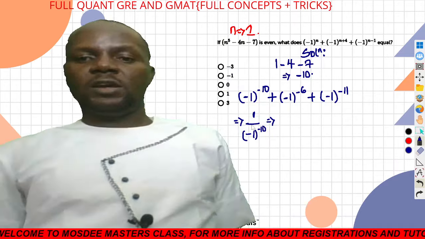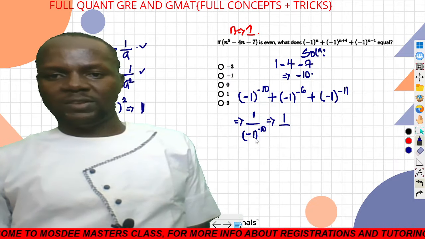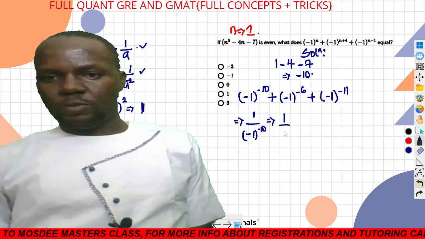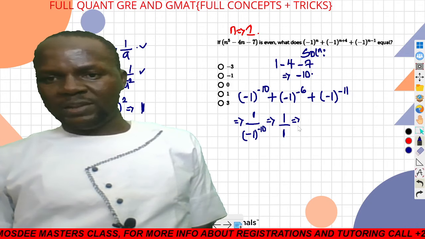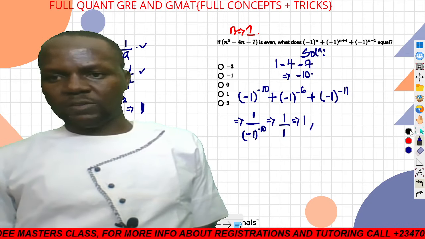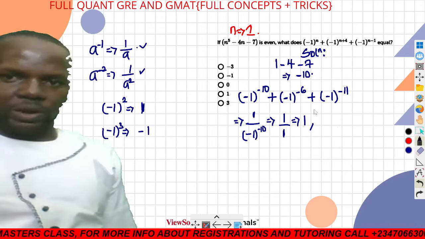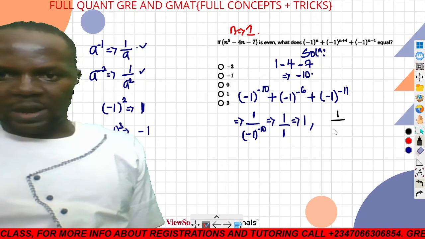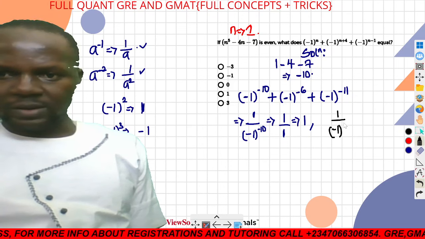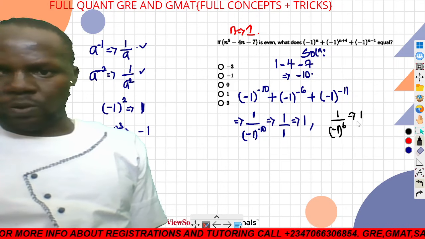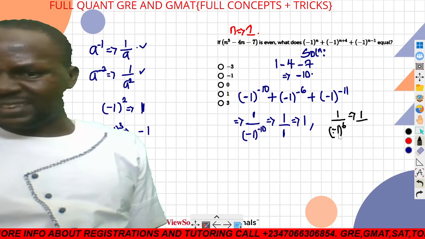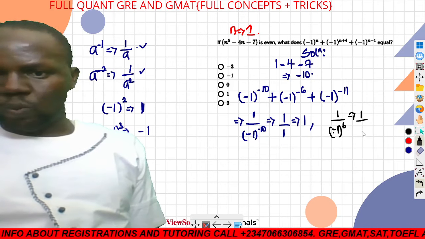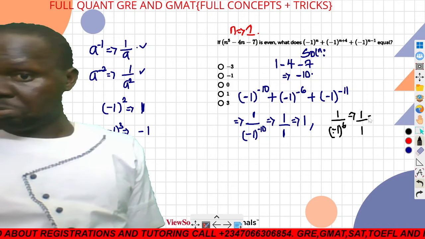So let's do that here. So if I say 1 over, what is this, guys? This is even. It is going to be positive 1. So 1 over 1 is 1. I'll do the second one with black. So if I do the second one also, you can see this is 1 over -1 raised to power 6. It's definitely going to give me 1 because 6 is also even.